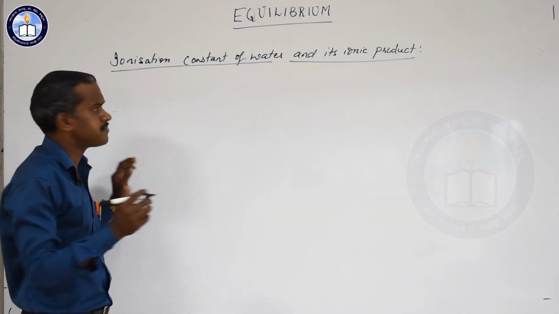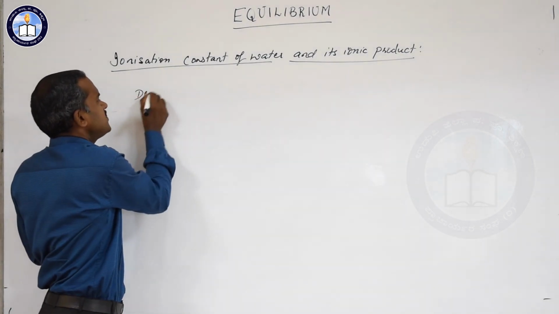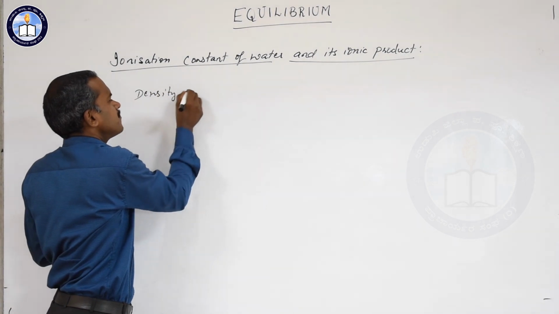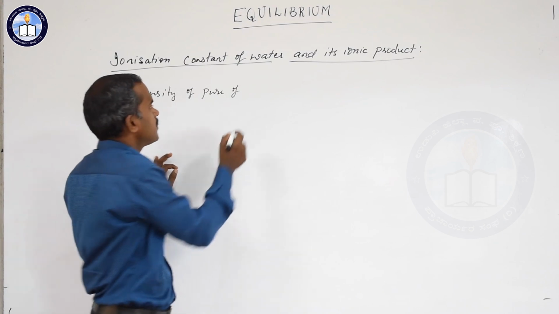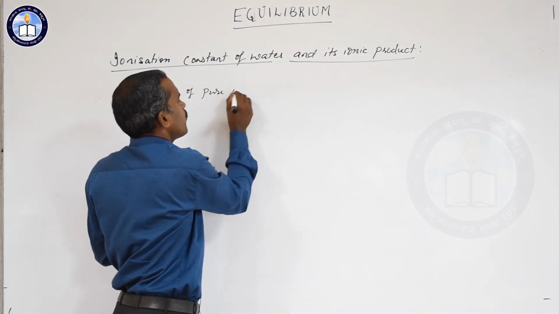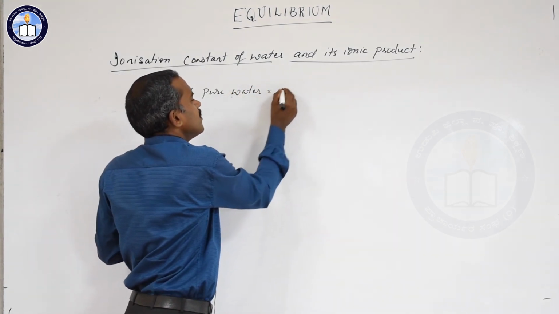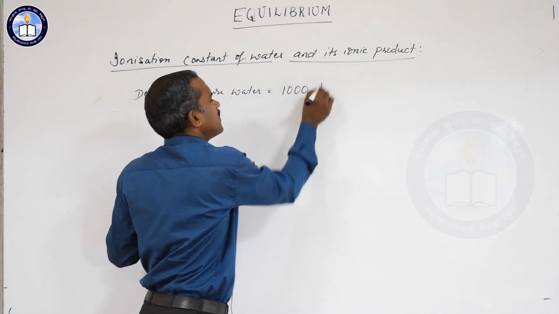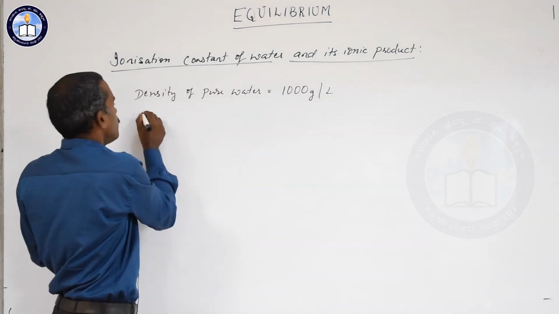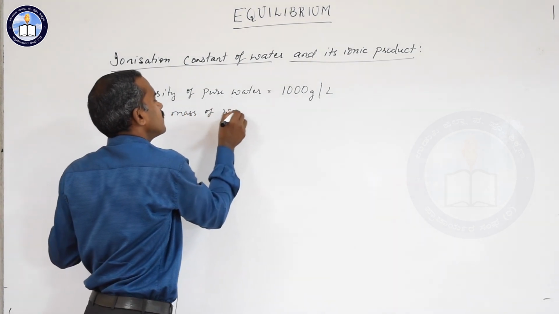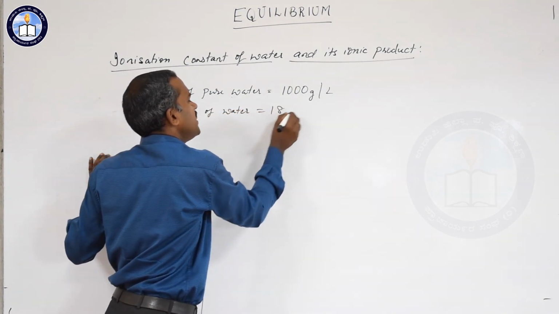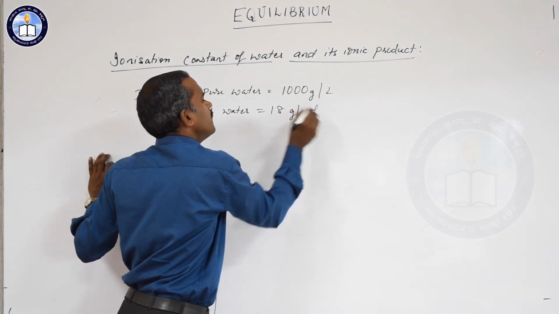The next important thing you have to understand is the density of pure water. We express it as gram per liter. The density of pure water is 1000 gram per liter, and we know the molar mass of water is 18 gram per mole.